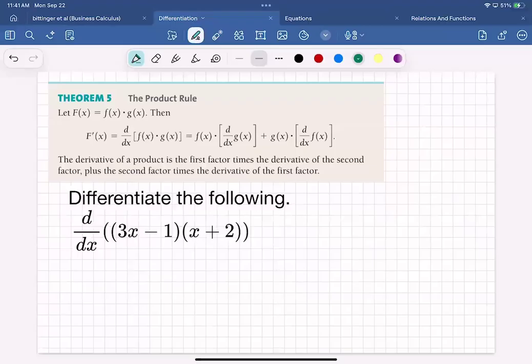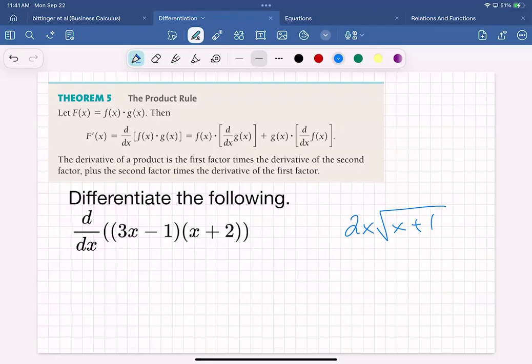That's not always going to be possible. There's going to be times where you have multiplication and you have to find a way to work around it. For example, one that we can't really distribute: what if I gave us 2x times the square root of x plus 1? We can't really distribute into a square root, so we have to have a way to deal with this.